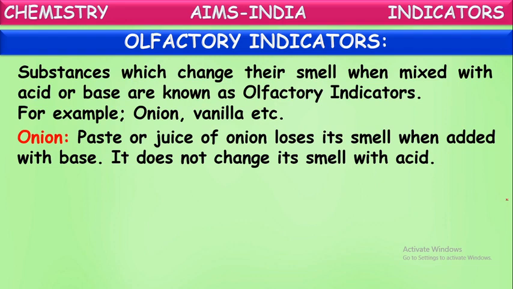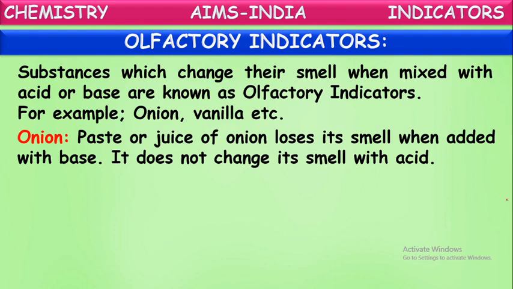When this onion juice or paste is mixed with a base, it loses its odor. We know the smell of onions, the hot smell. When this onion juice or paste is mixed with bases, it loses its smell. When it is added to acids, it won't lose its smell. In that way, bases can be detected using onion juice.